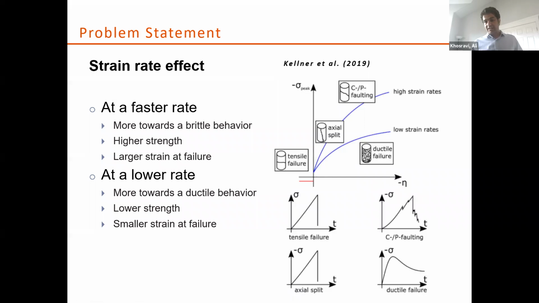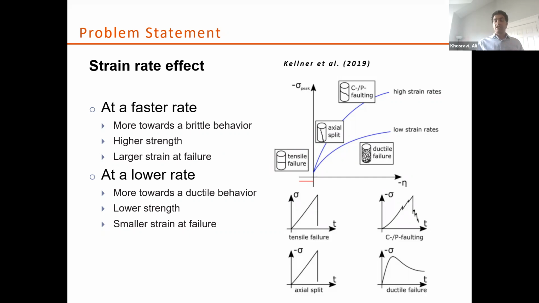Then about the strain rate, most of these studies consider just a random value for the strain rate. However, we know that strain rate is a parameter that is going to affect the results considerably, both in magnitude of strength and in behavior. At a faster rate, behavior is more brittle. We're going to have higher strength for the specimen, and the strain at failure is going to be larger.